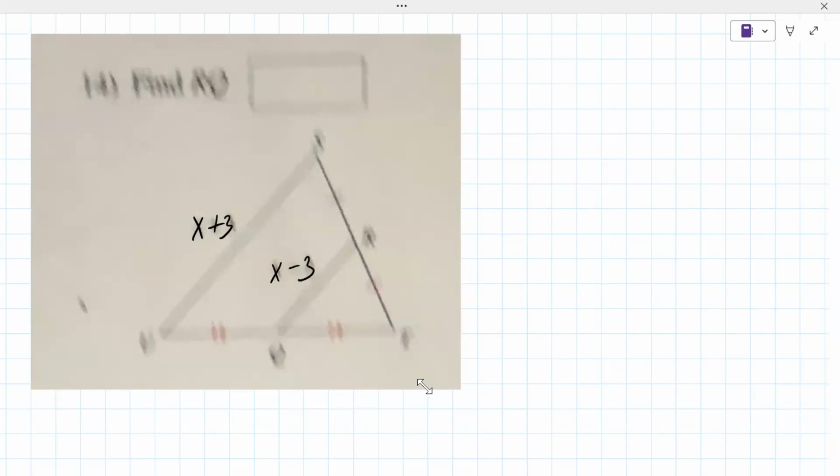I think so. Let me double check. Please go ahead and see if you can see it on the computer screen there. QR is x minus 2. Okay. And the other one is x plus 3? Yeah. Okay.